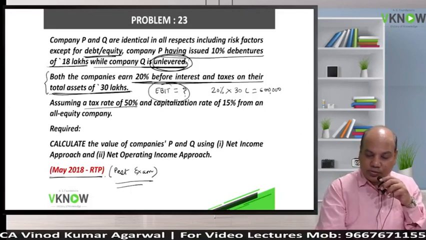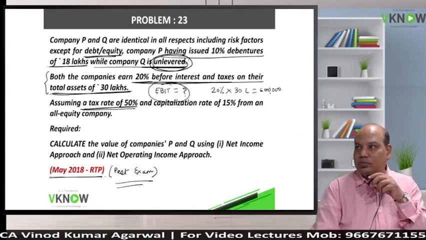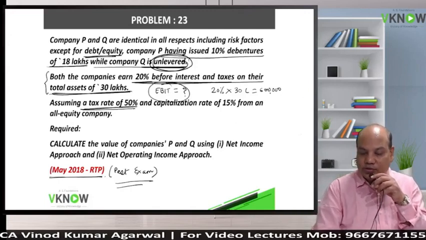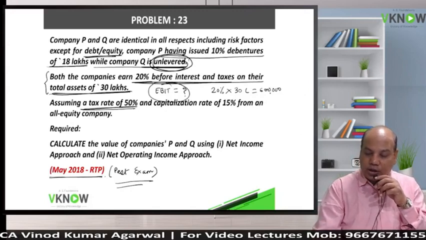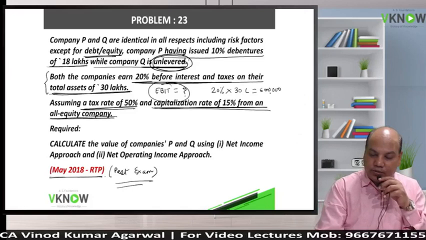Assume tax rate is 50%. So now we are solving a question with taxation. The first two questions I solved without taxation. And capitalization rate of 15% for an all equity company.